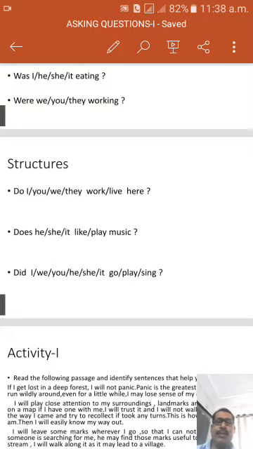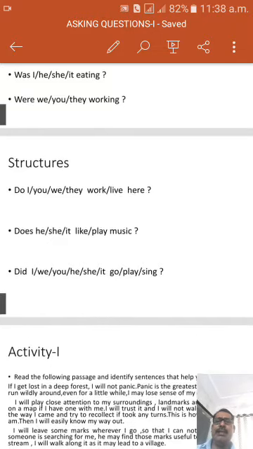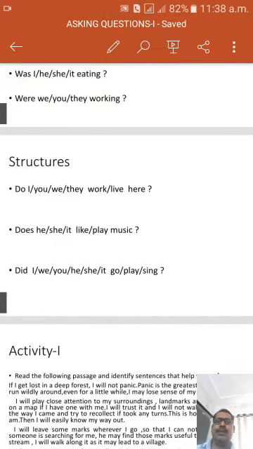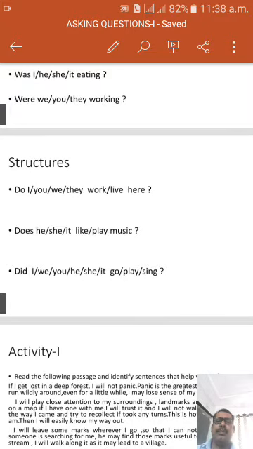So does is in present tense, and it is singular. When the subject is singular, we use does. See here the subject is he, she, it. The subject is singular. That's why we are using does.